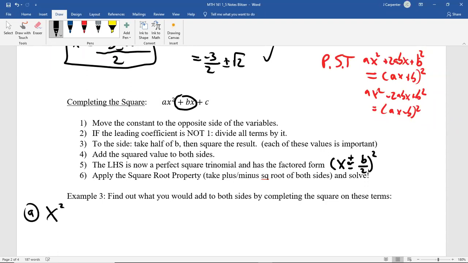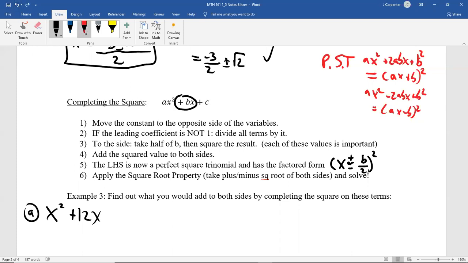There we go. x squared plus 12x. This is just us trying to focus on the first 4 steps. We're not going to focus on step 5 or step 6. Just the first 4 steps, and not even really the first 4 steps. It's more just steps 3 and 4, to be honest. That's all we're focusing on, this halving and squaring.